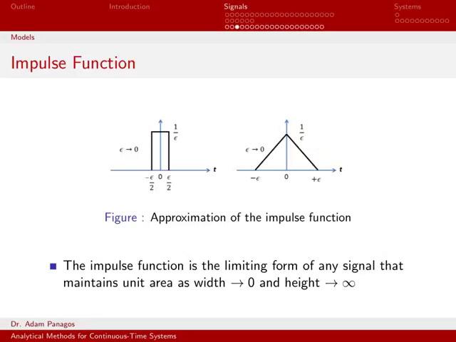So this has an area of 1 for all values of epsilon. In the limit, as epsilon gets small, this signal gets very large in amplitude, and it gets very narrow in width. So it also has the property that its height goes to infinity and its width goes to 0. So it would be fair to think of the impulse function as being the limiting form of this as well. That's another way to think about the impulse.